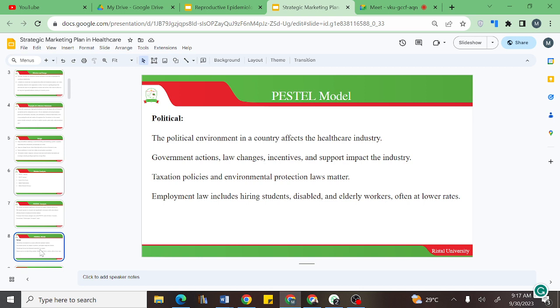Okay, so that means that if you're going to employ experts, you need to look at the employment or the labor law and see whether it is actually making a business sense for you to employ experts or even locals or nationals. Okay, so that is the political angle to it. Basically, the political environment affects almost every field.